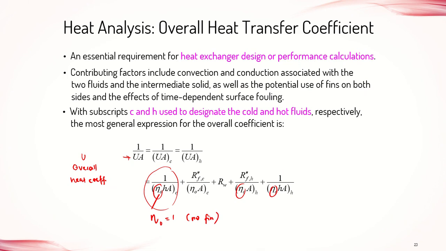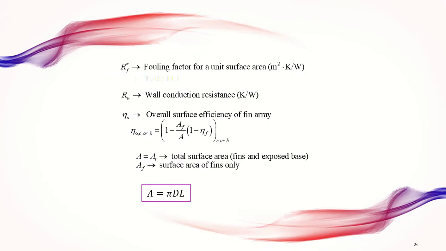If you don't have fins, you substitute 1, and if you have fins, you substitute a certain value that corresponds to the efficiency of the fin array.